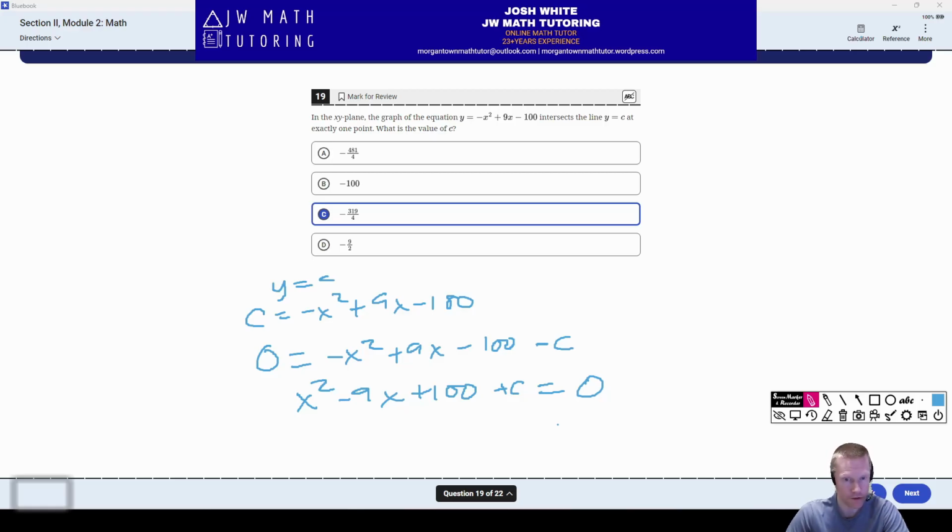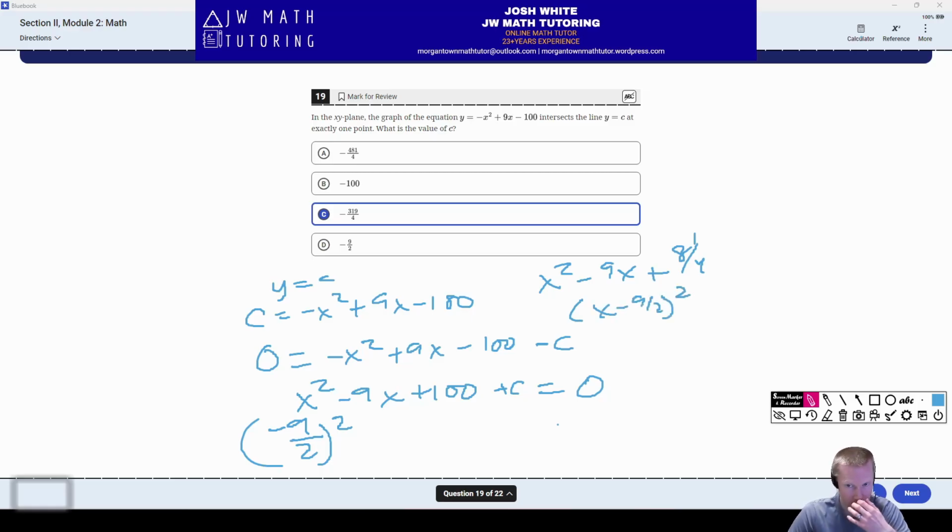The way completing the square works is you take the b value, you divide it by 2, and then you square it. So in other words, if I was going to complete the square with this quadratic, it would be x squared minus 9x plus 81 over 4, and it would factor as x minus 9 halves quantity squared. So the point is, to complete the square on this, which gets you exactly one real solution, which is what we want, this whole thing has to equal 81 over 4.